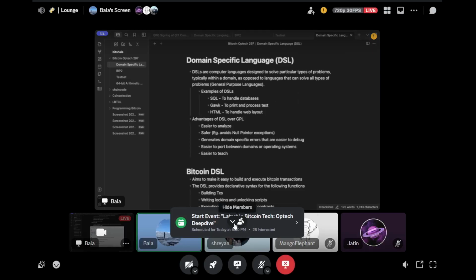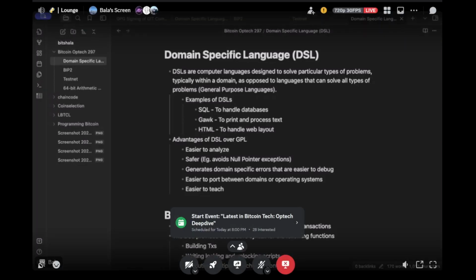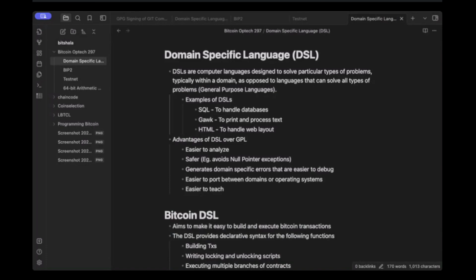Those kinds of things are abstracted away and put into this larger layer. Say you tell this DSL, I want a public-private key pair. Automatically, it will interact with the Core running below it, run the RPC command on the Core, get its output, and then show it.